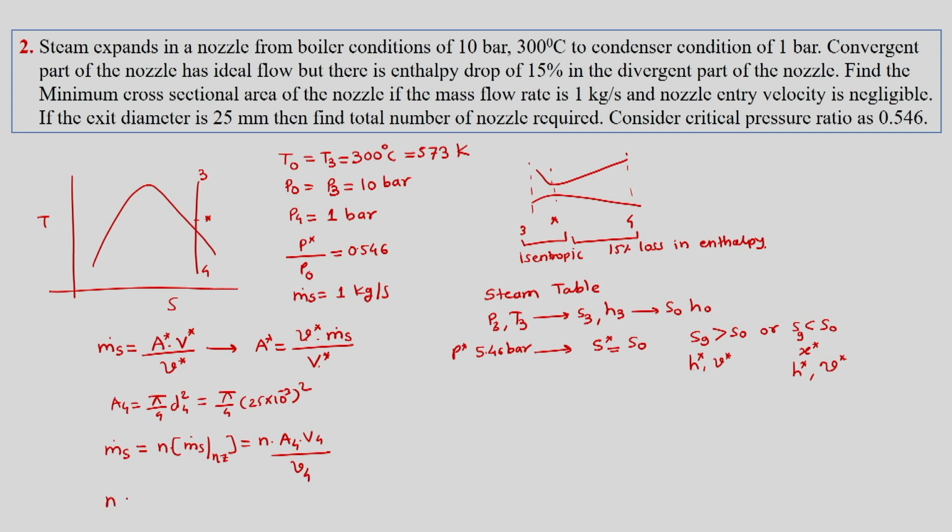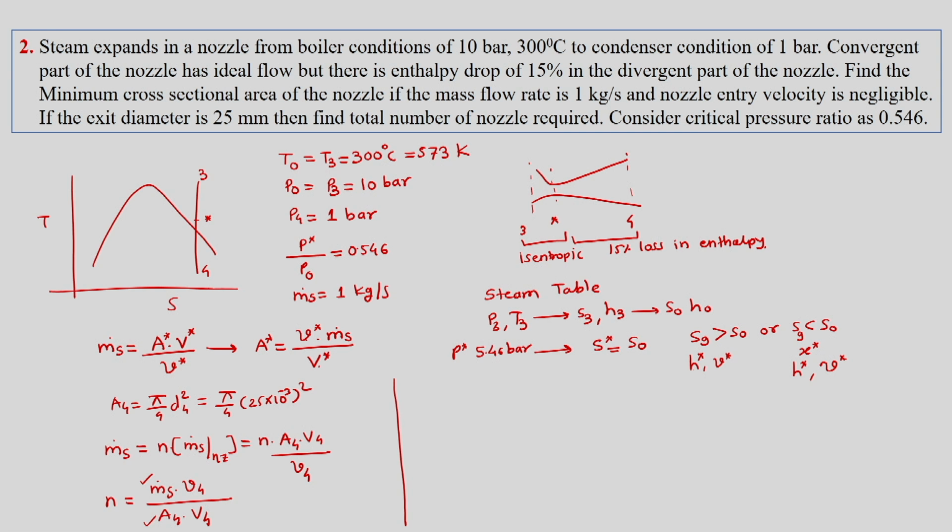So N, the number of nozzles, is m dot S into specific volume at 4 divided by A4 into V4. Now here we will be in trouble, since m dot S is known to us, A4 is known to us, but we do not know V4 and the specific volume at 4.